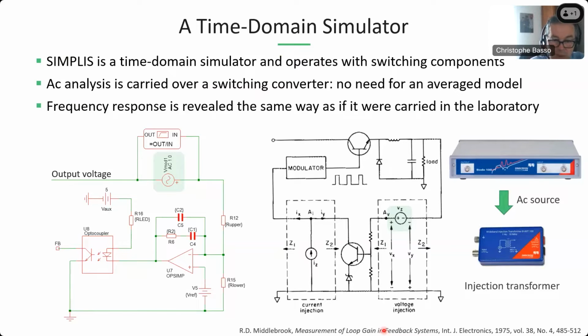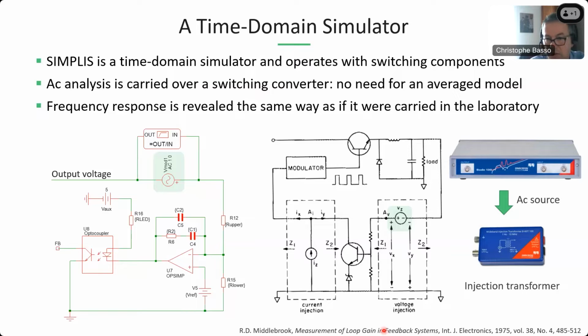Otherwise the result from a converter pushed into its nonlinear zone will be corrupt and will not correspond to a true response. Then SIMPLIS uses Fourier techniques to extract the response in the frequency domain.